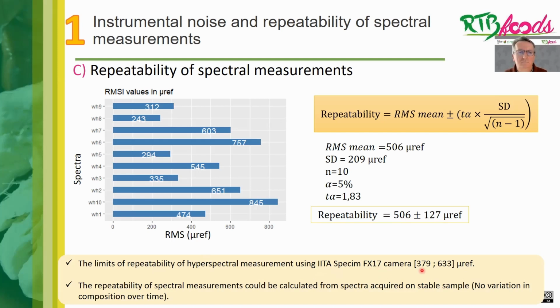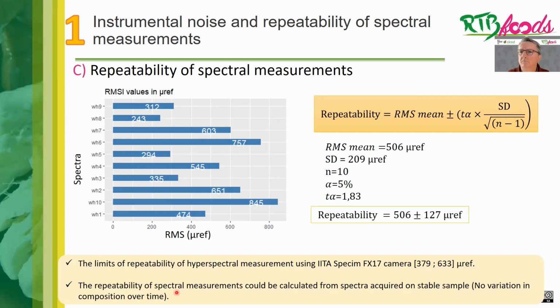is from 379 to 639 microreflectance. So if we find the RMS value between this range, confidence interval, we can consider this is the repeatability of noise.